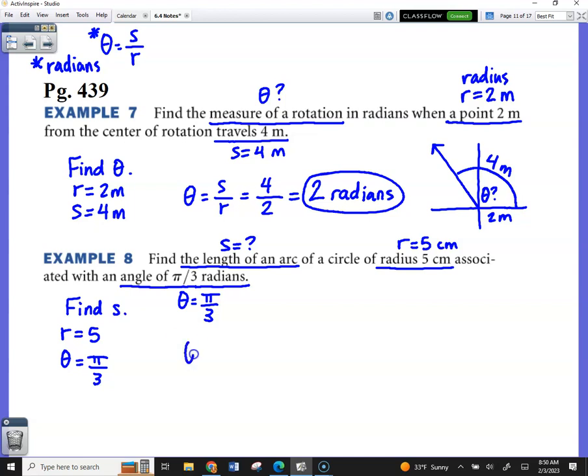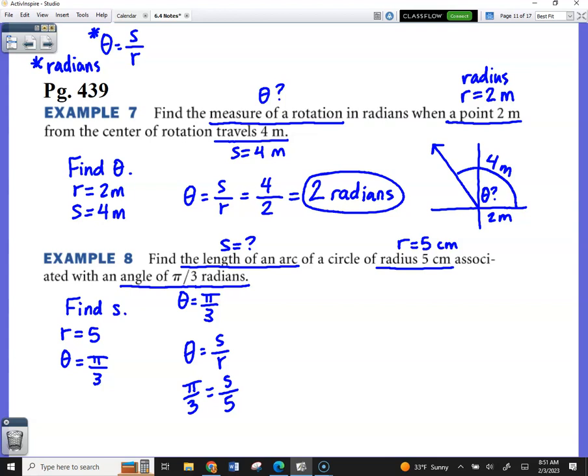So we've got theta equals S over R. Plug in what you know. I know theta is pi over 3. I don't know S. I know R is 5. Might be uncomfortable to know how to solve that. That's a proportion. You solve proportions by cross multiplying.